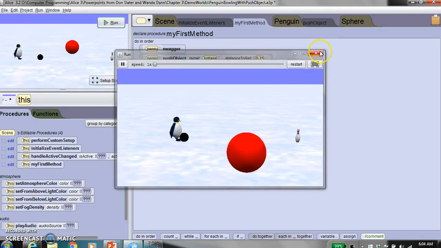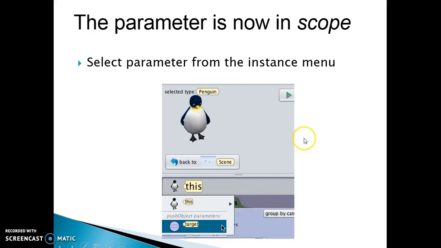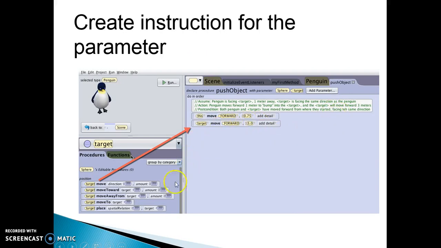Okay, hopefully I haven't made things more complicated than they need to be. So I showed you how to select the parameter from the instance menu. Right here, we talked about this. What I didn't show you is that within push object, so let's go back to that, now I can have target do a whole bunch of things because I've set up target as an object.